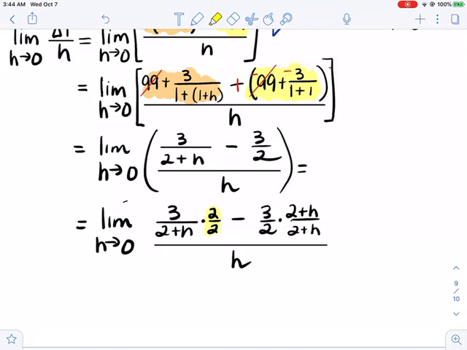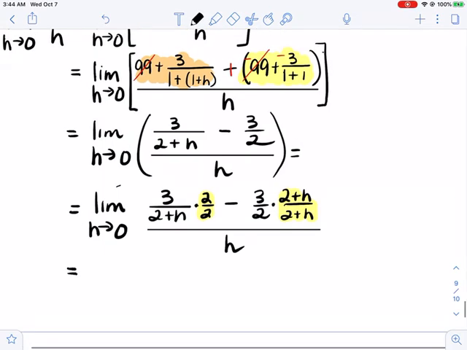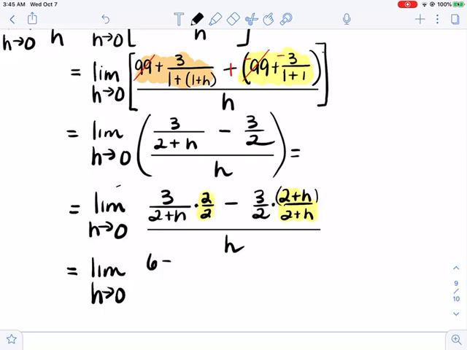I think sometimes it pays off to go through things like this, rather than skipping steps. So we have the limit as h approaches 0 of, then what do we get? 6 minus 6 plus 3h, and that's all over 2 times 2 plus h.